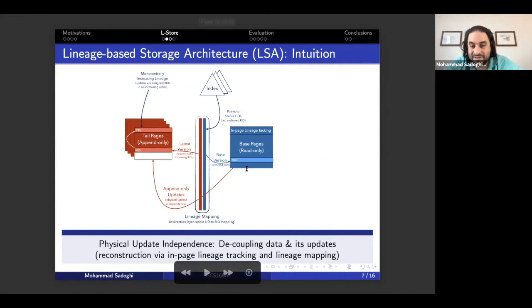Now, eventually, as I said, I have my base pages, and I maintain my delta, the new changes, in tail pages. But if I'm doing analytics, I have to consolidate potentially both of these, because some of the fields may have never been updated, so I need to get them from the base pages. Some fields have been updated multiple times, and some records have been updated several times.